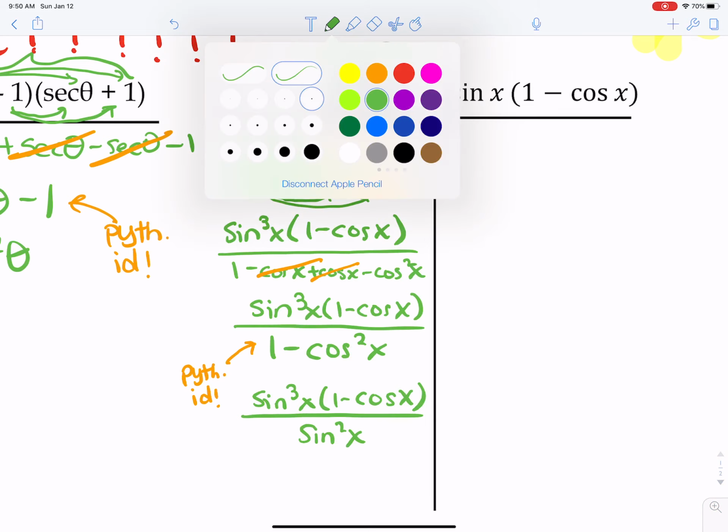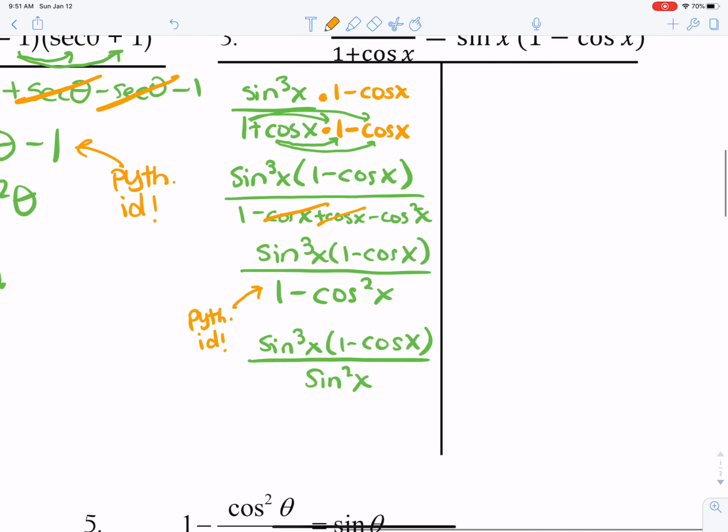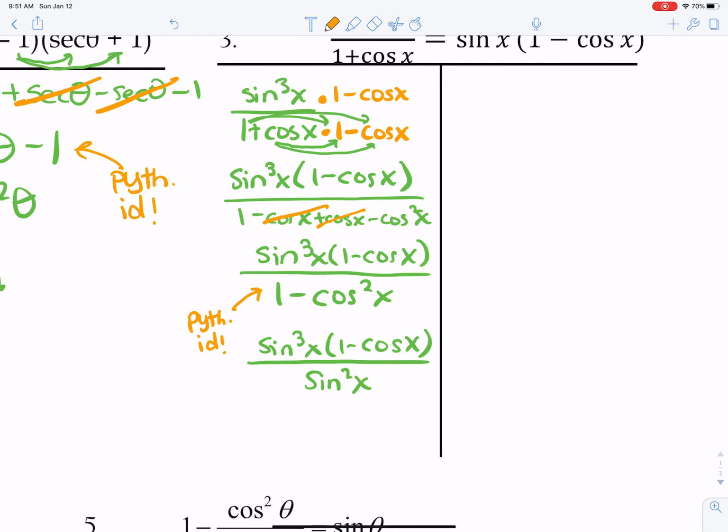So now, got to keep thinking about what we're trying to get it to be. One single sine x with that 1 minus cosine x beside it. What can we do? Well, this sine squared x will go away, and this sine cubed x will also go away, but this will end up being a 1.